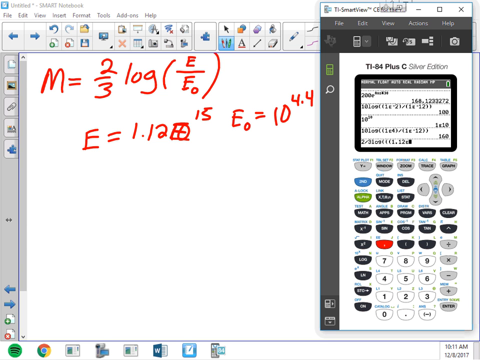You don't need a third set, only 2. Then close the parenthesis, divide, open parentheses, 10 raised to the 4.4, and then close the parenthesis, and then close the other one. Like that. Yeah, it's a lot. So that would be an earthquake of 7.1.